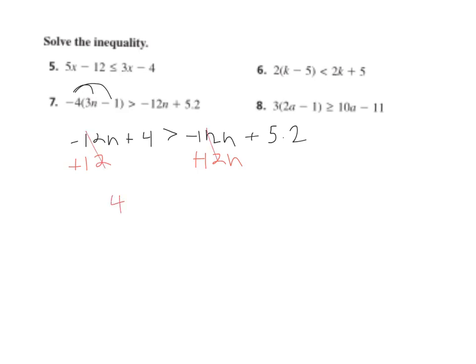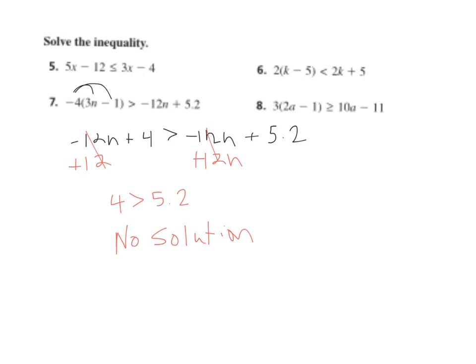I get 4 is greater than 5.2. Is 4 greater than 5.2? No, 4 is not greater than 5.2. So our answer on this one is no solution. No number, when you plug it in on the left side, is going to make it greater than what's on the right side.